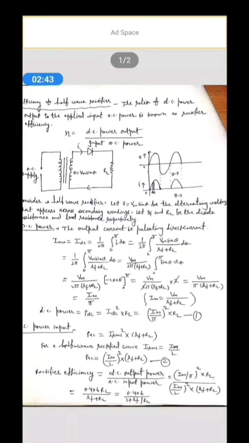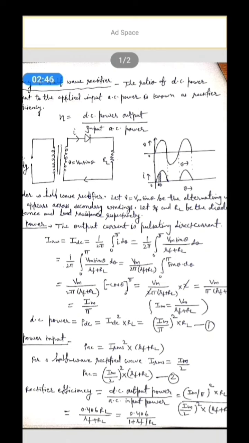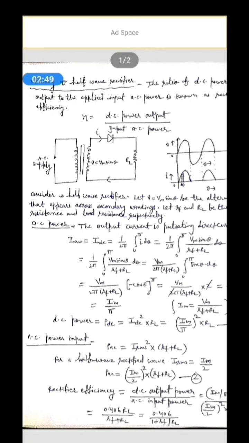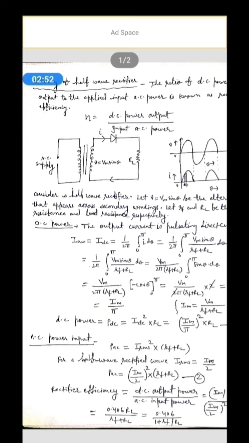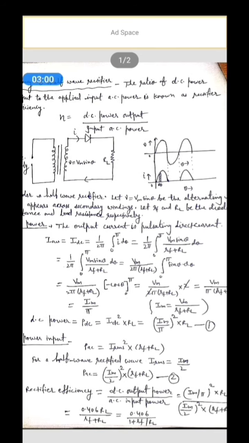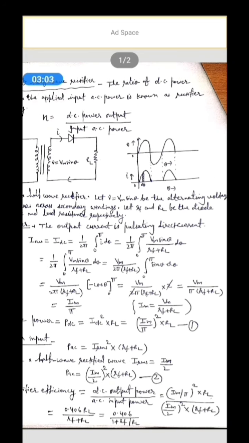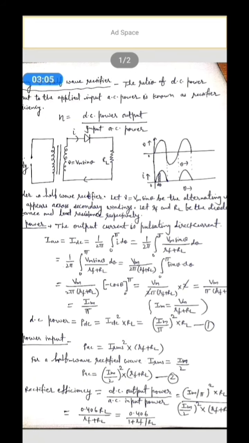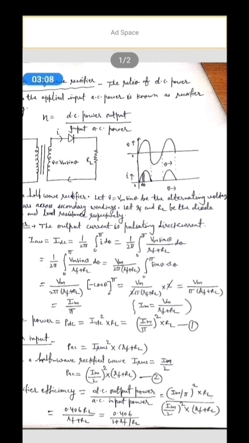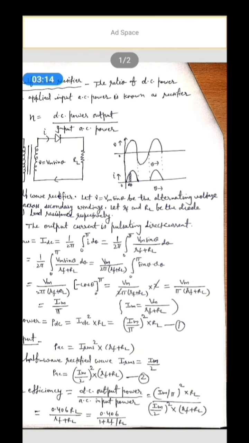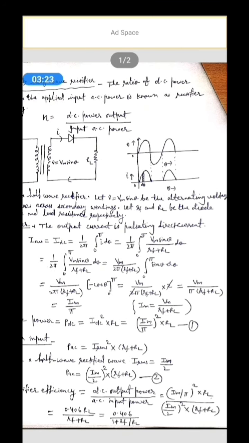Now to find the efficiency of the half wave rectifier, we have to find out the DC power output and the input AC power. So first of all, calculate the DC power. The output current is pulsating direct current, and I average, which is IDC, is equal to 1 upon 2 pi integration from 0 to pi of I d theta, where I is equal to Vm sin theta divided by RF plus capital RL.